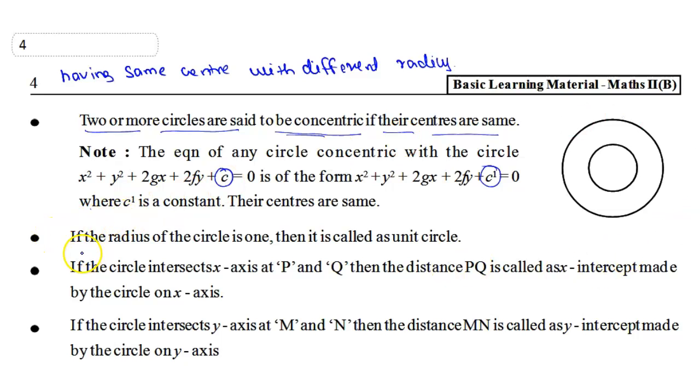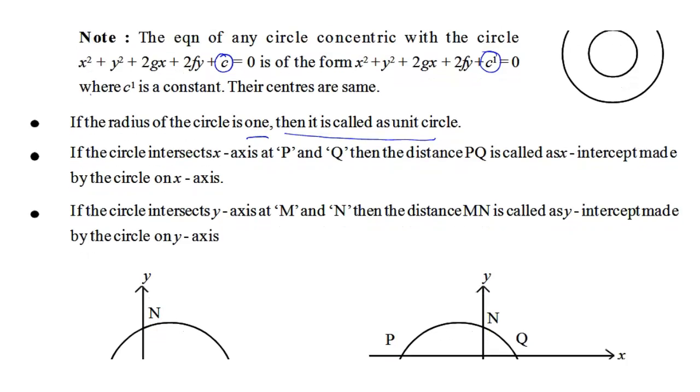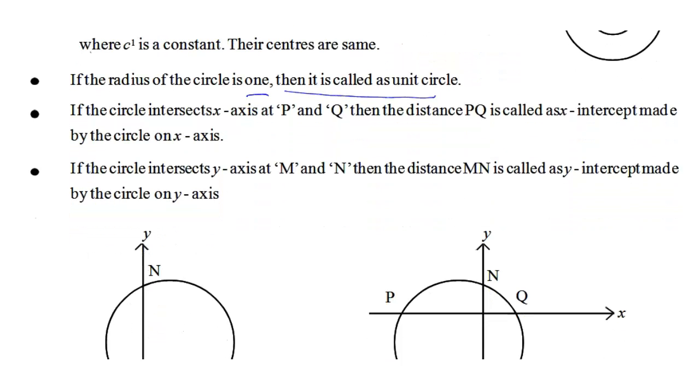Next point. If the radius of the circle is 1, then we can say that is a unit circle. Next, if the circle intersects the x-axis at P and Q, then PQ is called the x-intercept.